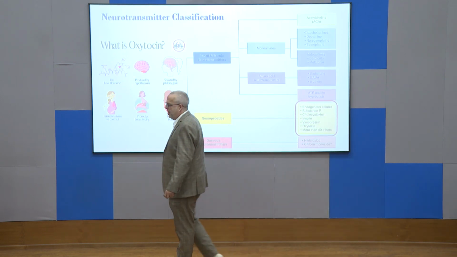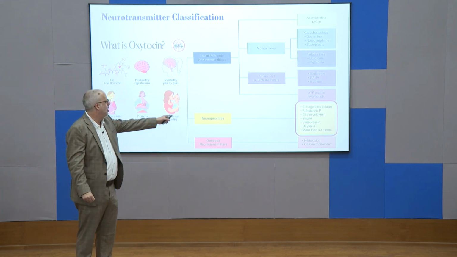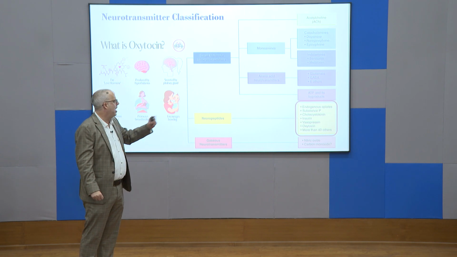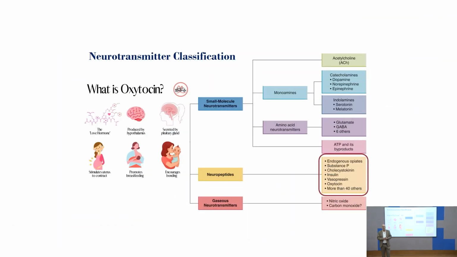Now, beyond these classical small molecule neurotransmitters, we have what are called neuropeptides. This includes insulin, vasopressin, oxytocin. This last one some of you might be familiar with, sometimes called the love hormone or the trust hormone. We know, for instance, that oxytocin is released via uterine contractions during childbirth.